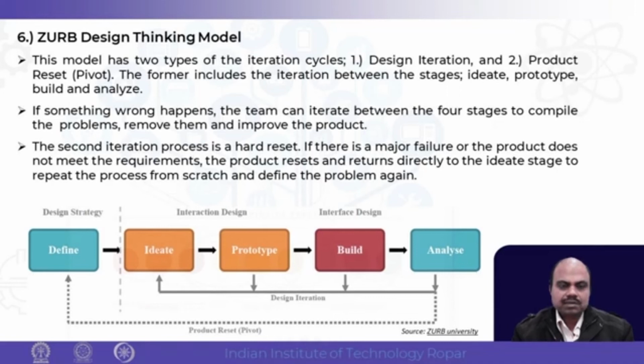So if something goes wrong, the team can iterate the 4 stages, go back and again find problems, remove them, and improve the product. The second iterative process is a hard reset. If there is a major failure and the product doesn't meet the requirements, then the product resets and returns directly to the ideate stage to repeat the process from scratch and define the problem again.